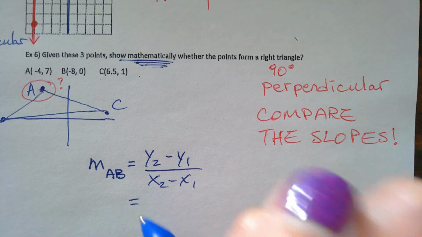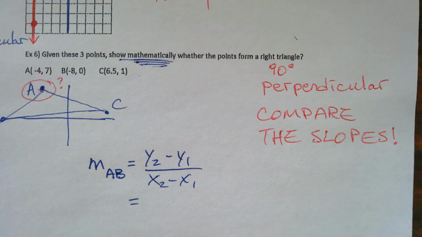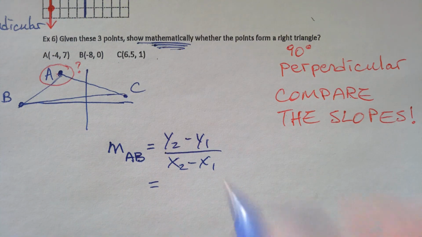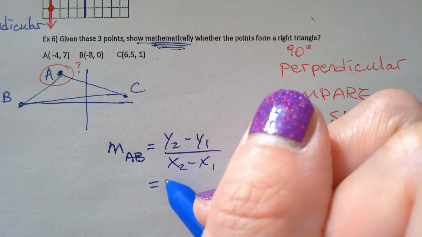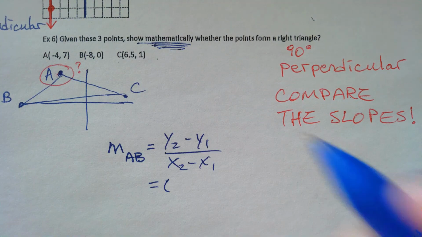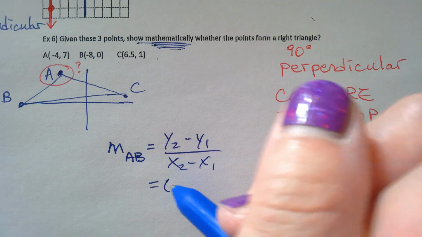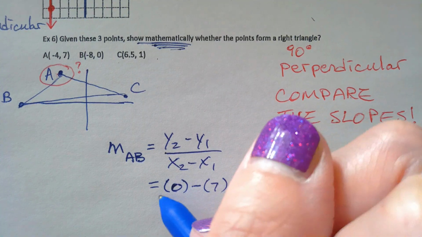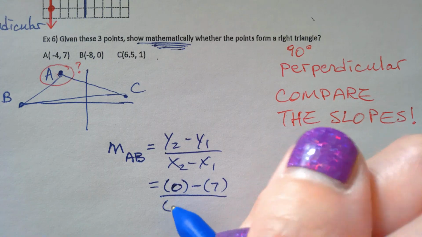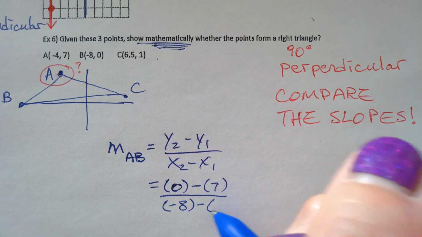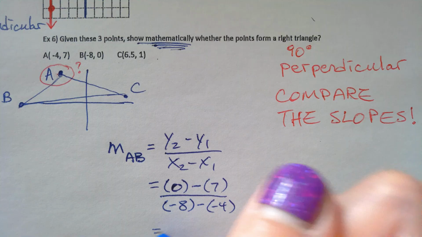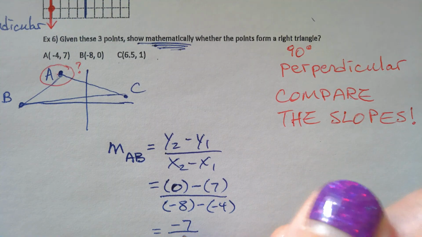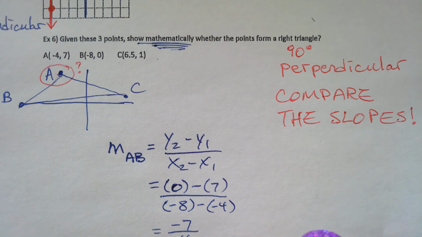Plug in the coordinates of A and B. It doesn't matter which one you say is the first point and which is the second point. So let's say 0 minus 7 over -8 minus -4. You get -7 over -4, so 7 over 4.